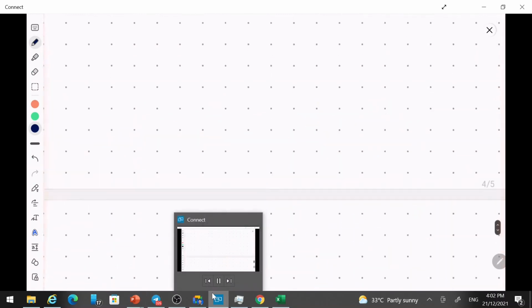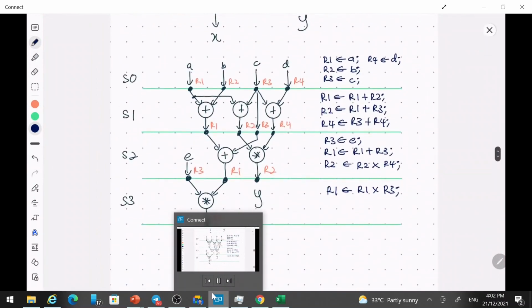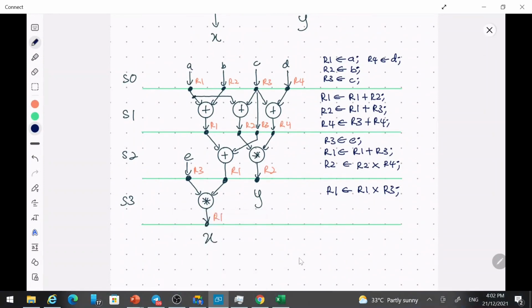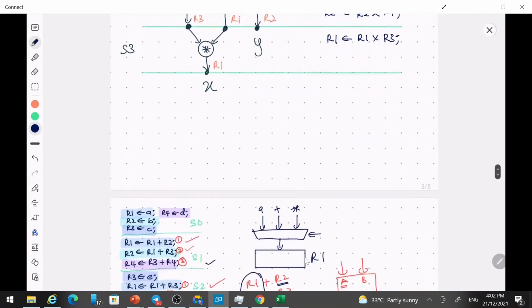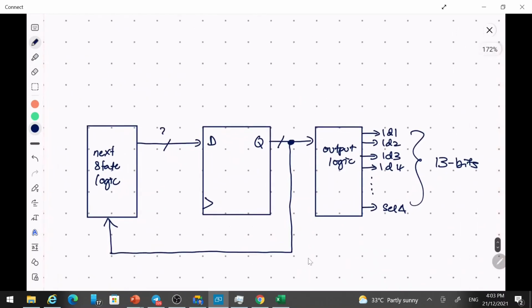Based on this, we have how many states? We have 4 states, S0, S1, S2, S3. So to represent 4 states, this must be at least 2 bits: 00, 01, 10, and 11.